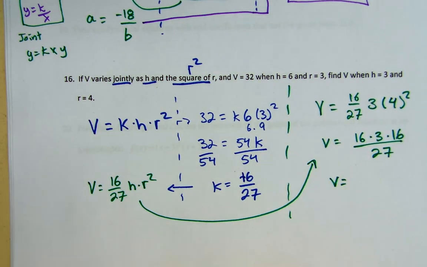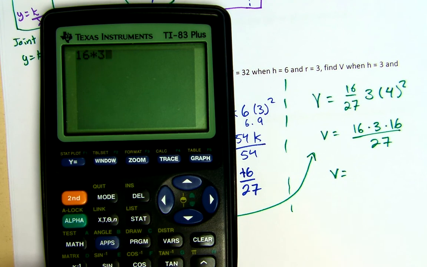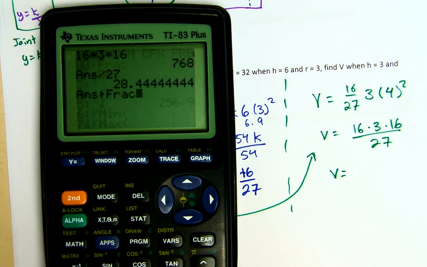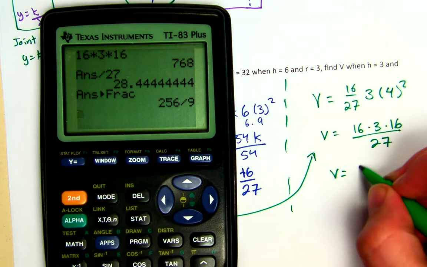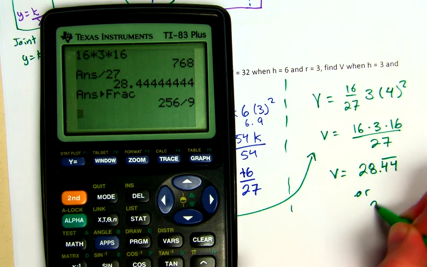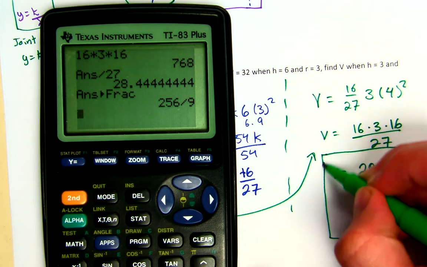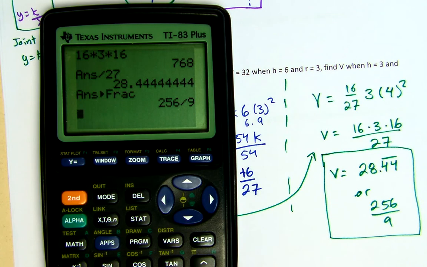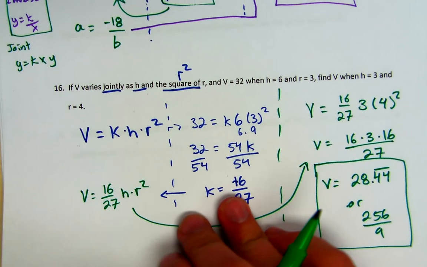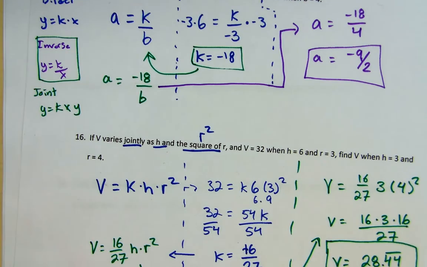Let's see, 16 times 3 times 16 divided by 27, and math fraction, so we can do 28.44 repeating, or 256 over 9. And that's our value for V. And that is the last topic for Chapter 9 that you are responsible for on the cumulative exam.